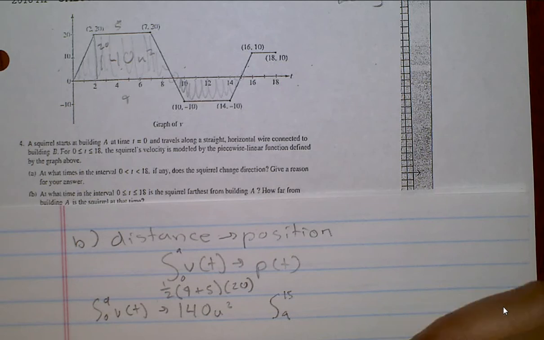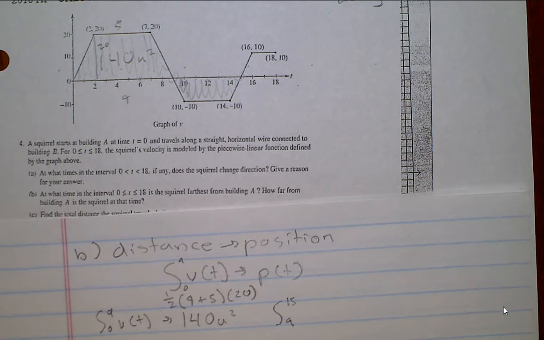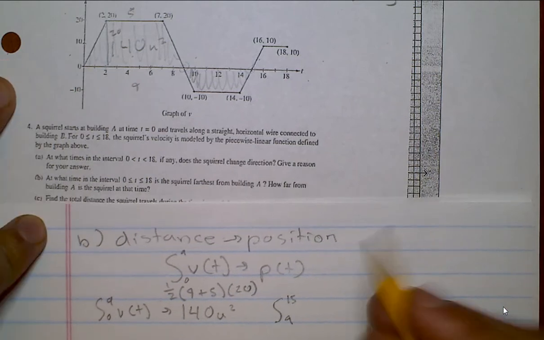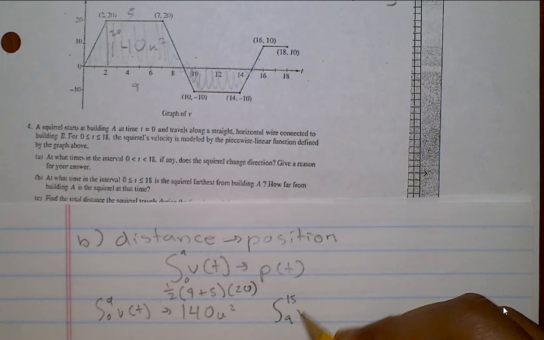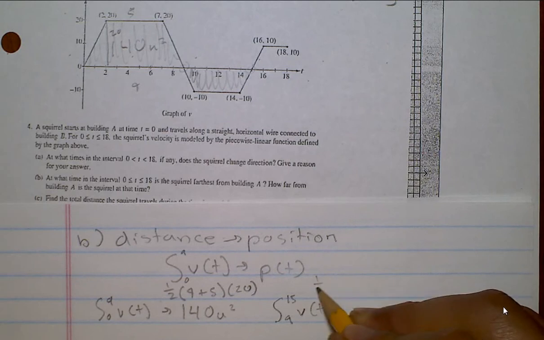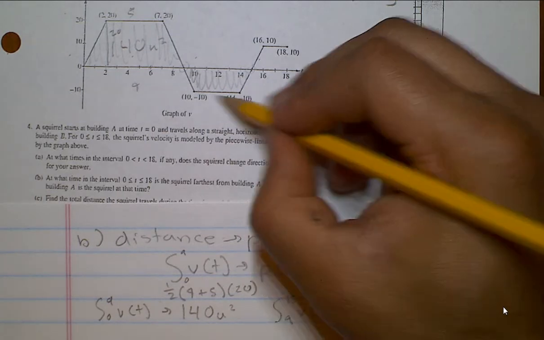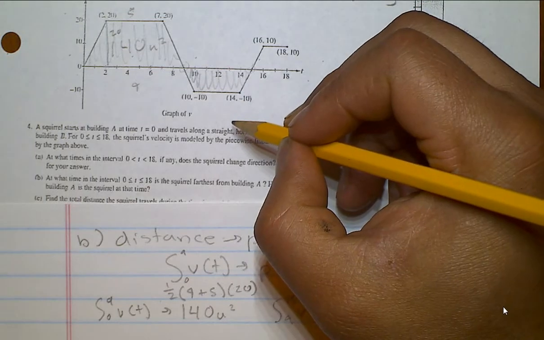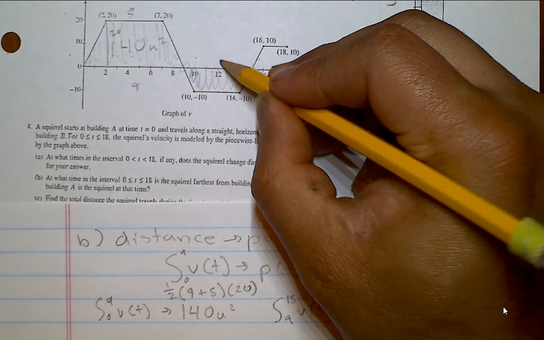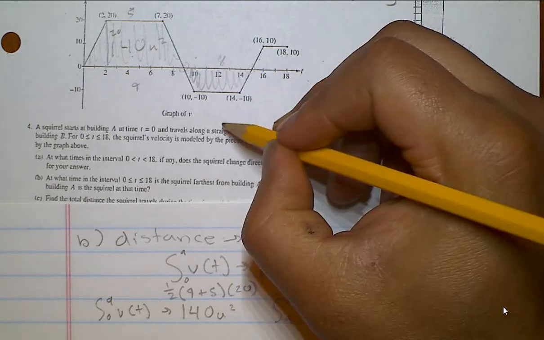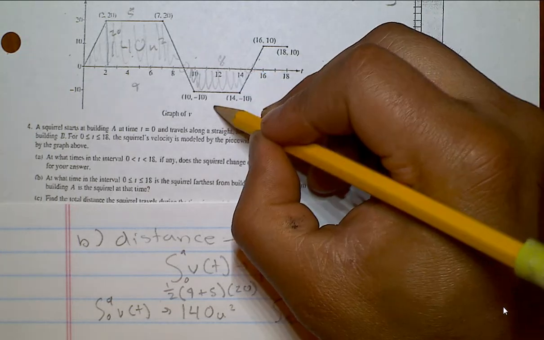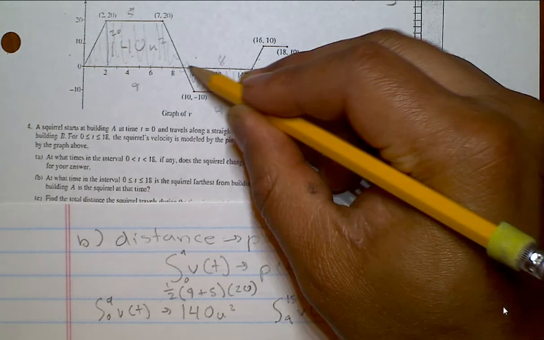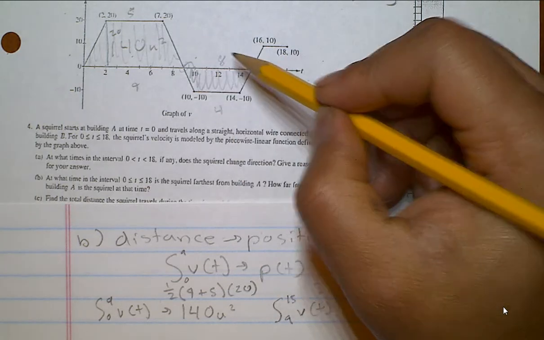So from 9 to 15, if we want to use our trapezoid formula again, that's the integral of velocity. That's 1/2 base 1. We'll call that 8, and this is 4. I goofed on this one.